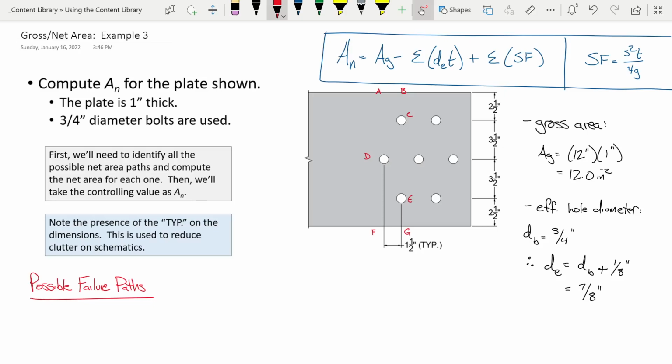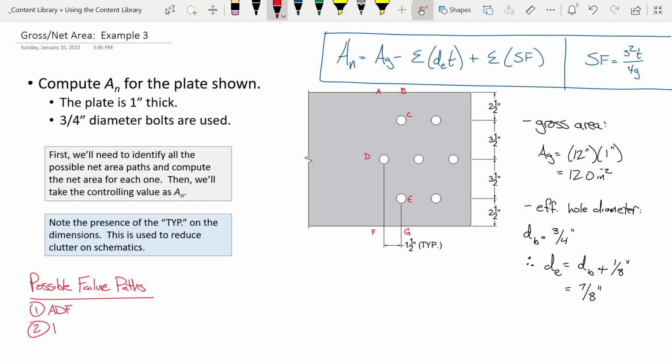Somebody help me out with naming these. ADF. All right. Give me another one. Somebody else. B, C, D, F. All right. What would you say again? B, C, D, E, G. Okay. Is that the one you said? Who was it that said the other one?